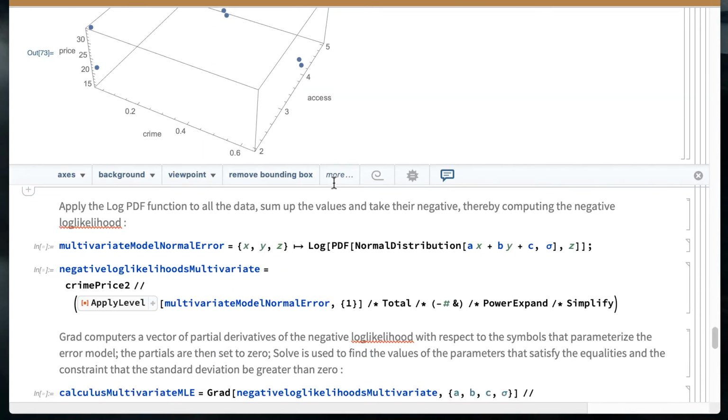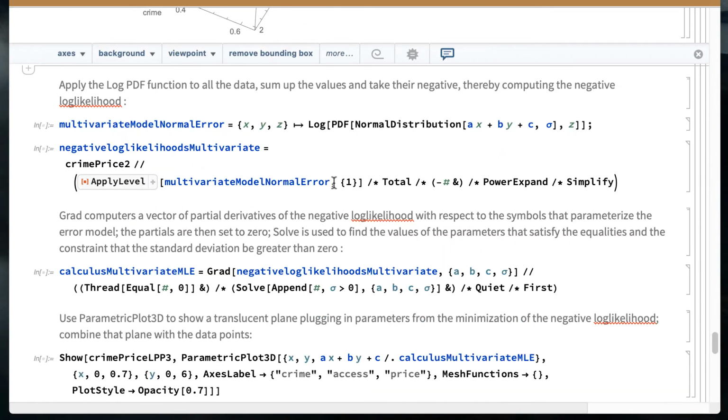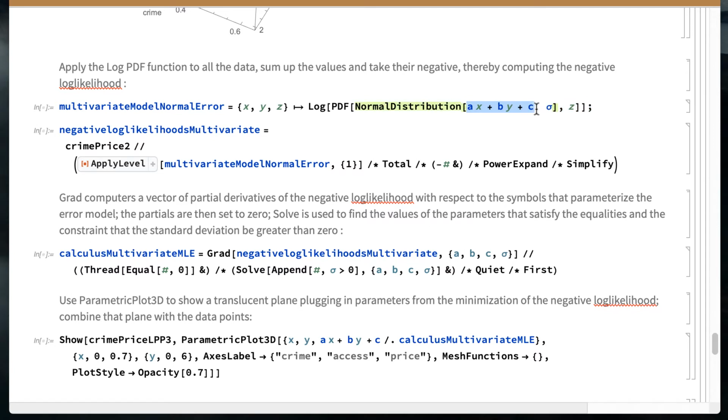Let's do the same thing we've been doing. We take our model, which is A times X, where X here is crime, B times Y, where Y here is access. We add in an intercept term C. That forms the mean of our normal distribution, with some error standard deviation, sigma.